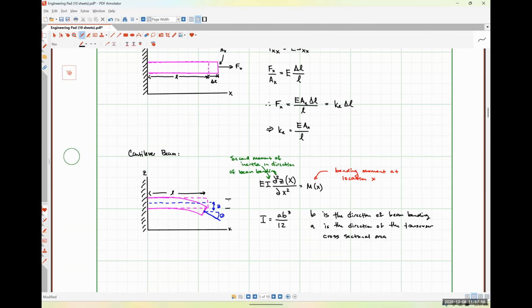This dimension in the z direction was our original height, and then its width directed into the page, or W, would be into the page. So H is the dimension in the direction of beam bending, right? So it's its height in the z direction. So in this case, B would simply be H, A would be W.